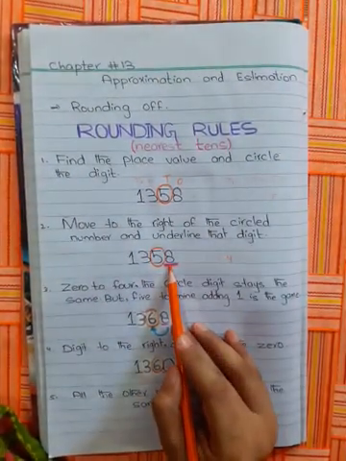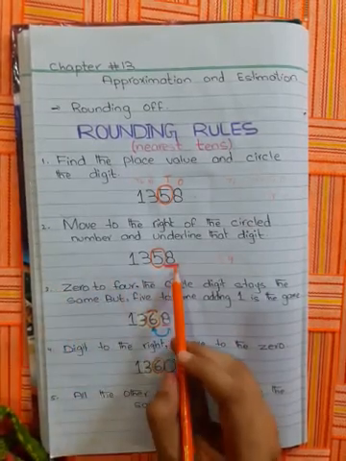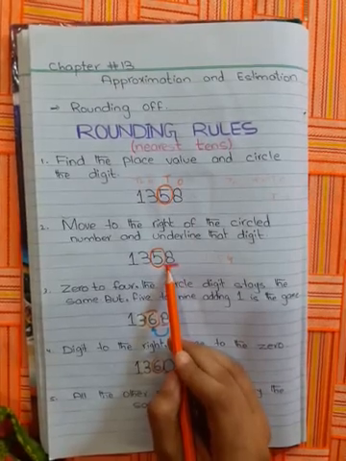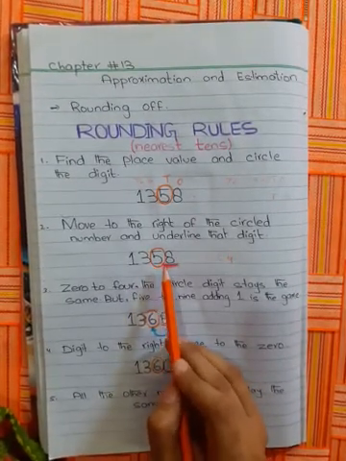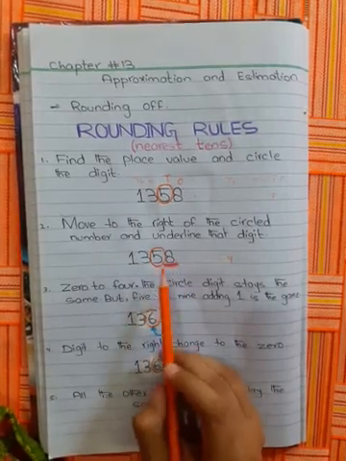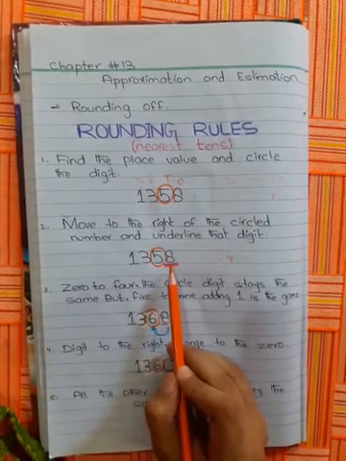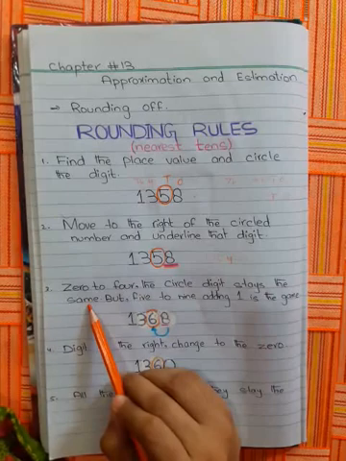Now rule number 3: 0 to 4, the circled digit stays the same. The rounding off depends on the digit which is underlined, next to the circled number. So if the underlined digit is 0 to 4, like 0, 1, 2, 3, 4, the circled digit stays the same.